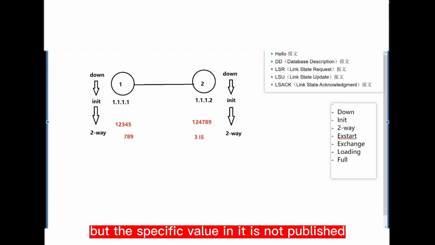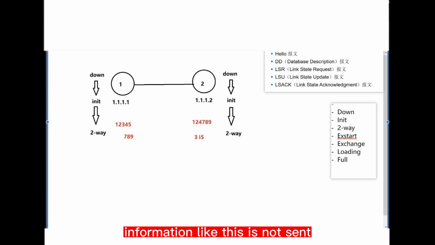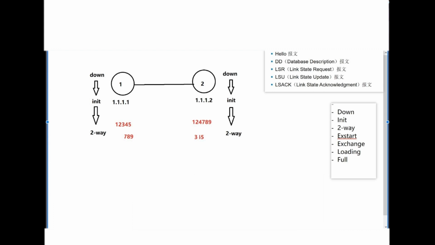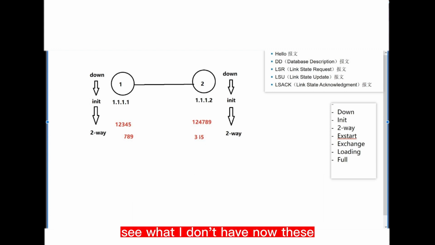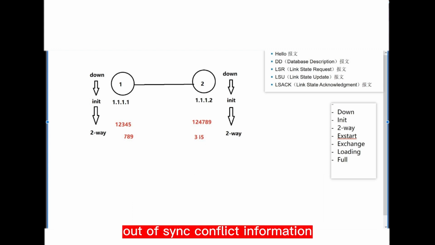The specific values in it are not published, like cost, router ID, etc. Information like this is not sent. If R2 has information about R1, then it will not ask R1. If not, it asks R1 for it. It sees what it doesn't have now. This is the meaning of out-of-sync conflict information.